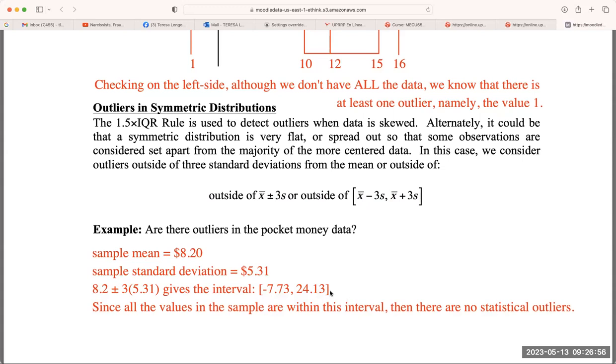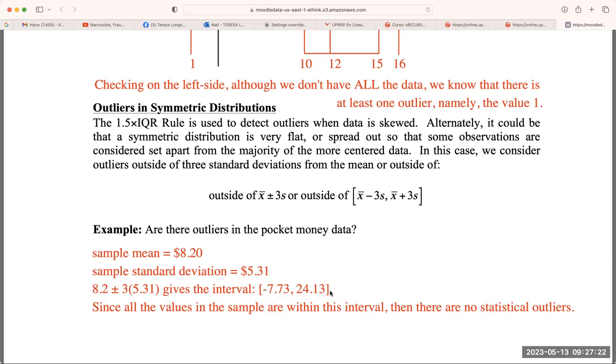So all of the values fall within 3 standard deviations. What does it mean? What is the conclusion? Marla is right. There are no outliers.